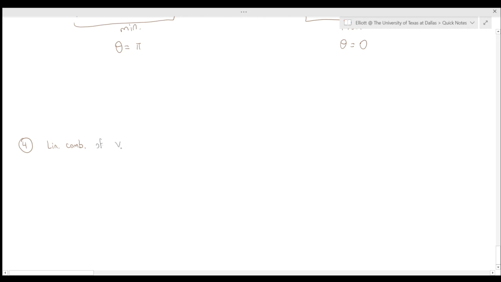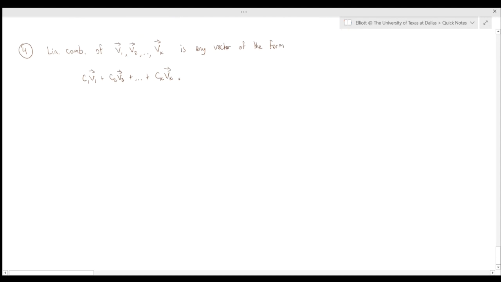Remember that a linear combination of some vectors v1, v2, up to, let's say, vk, was any vector of the form c1 v1 plus c2 v2 plus down to ck vk, where the c1, c2, and so forth, all the c's are scalars.